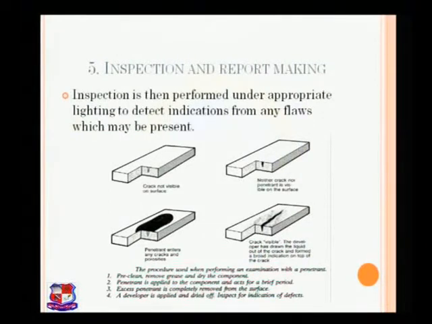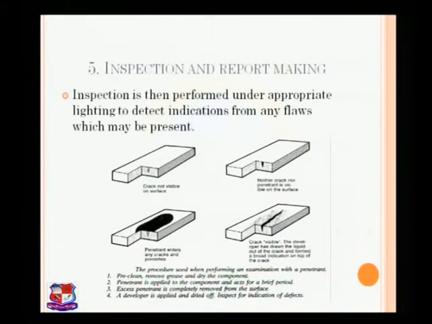Now if we go further, the next stage is inspection and report making. After the developer stage, if the flaw is available in a visible manner, then we can observe that flaw and make a report. For that I have given an example here, a metal plate or sheet, in which a crack is available.